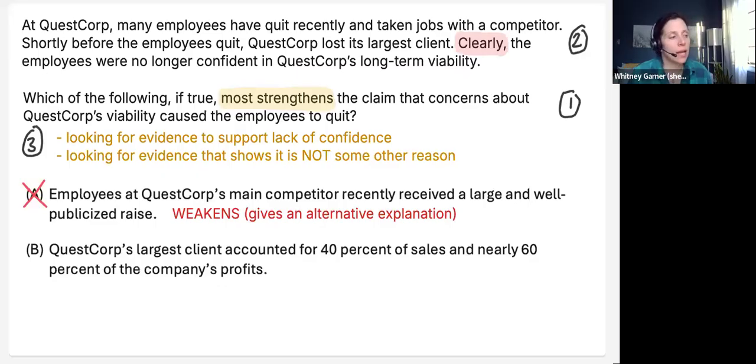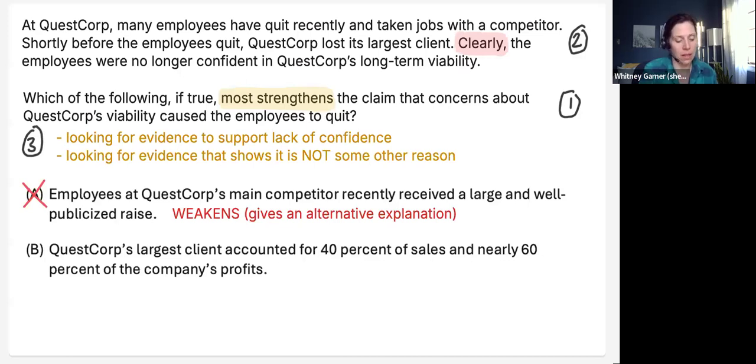Yeah, and I love, Ito, you made this comment earlier, like, well, it was just one client. But what if I find out that that one client is like 60% of our profits and 40% of our sales? This client is huge. It's our largest client by a lot. So yes, this does feel like it matters and that it strengthens, that it supports the importance of this client.